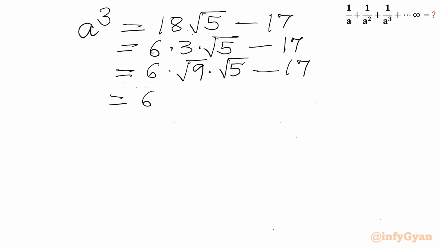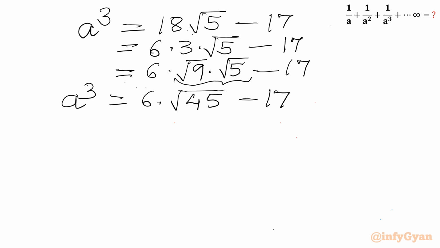And now I can club these two radicals. So I can write 6 times square root 45 minus 17. This is our a cube. Now I will use Simon's favorite factoring trick. So I need to multiply both sides by 8. Let's multiply both sides by 8.